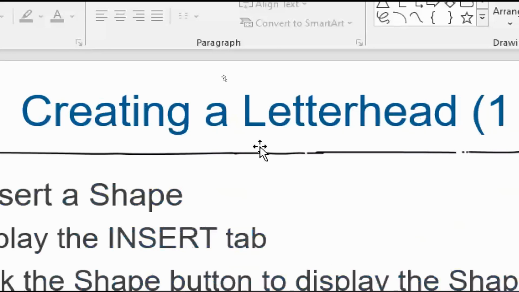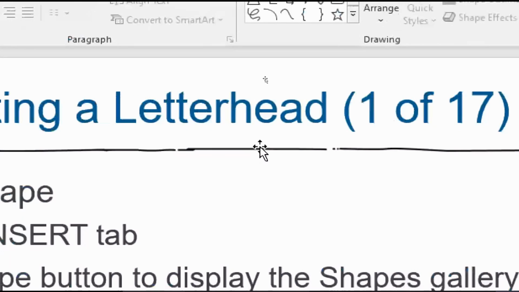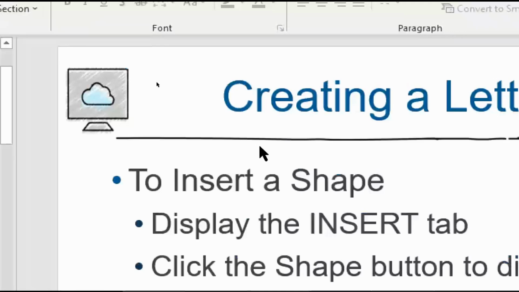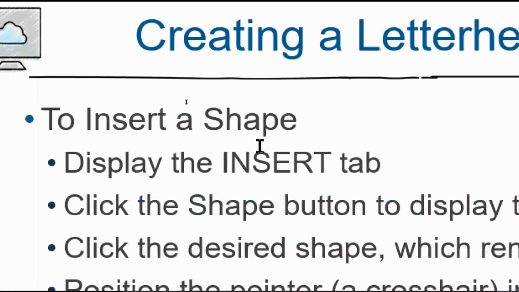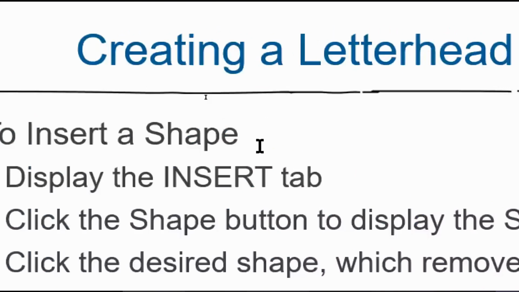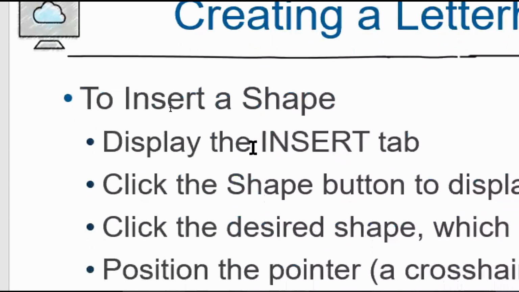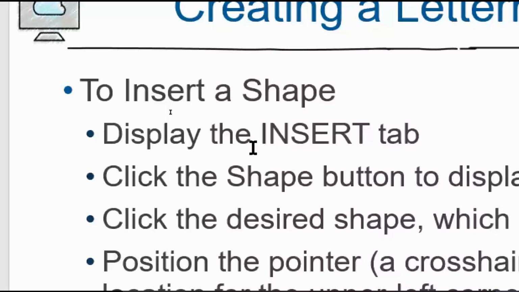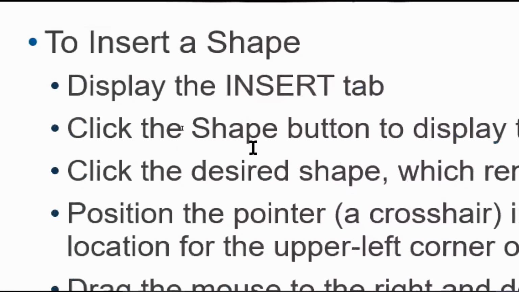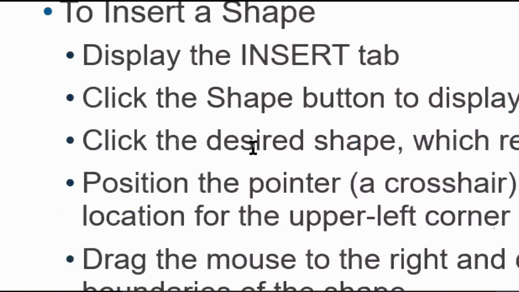So the first thing we want to do is create a letterhead. And that's going to involve a few different steps. We've got 17 steps here. First thing we're going to cover is inserting a shape that you'll find on the Insert tab. There's a shape button. So let's go straight to that.